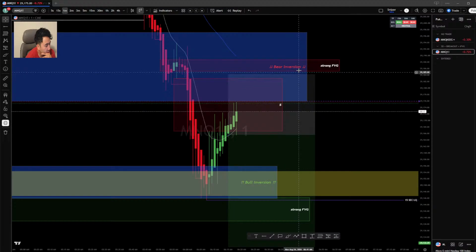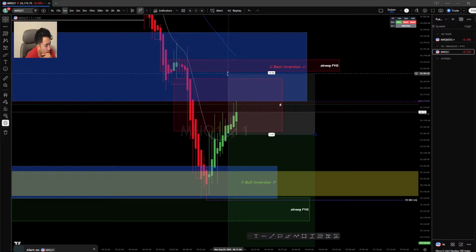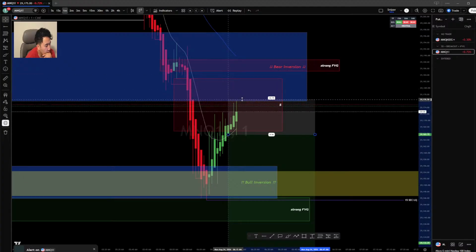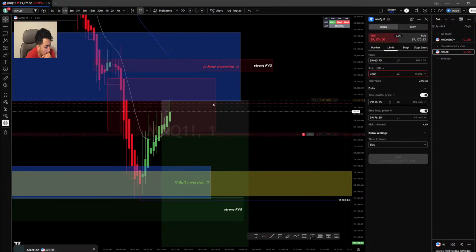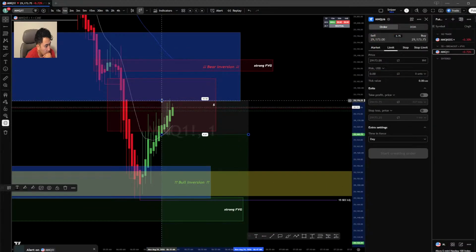Hasn't tagged us into this bearish inversion zone yet. Here we go. Let's see here.